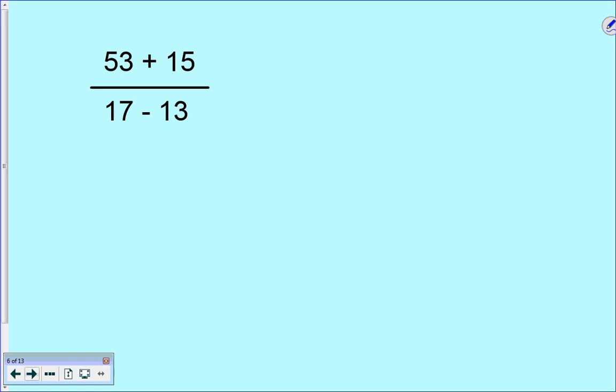You have to do the addition and subtraction first, and then you can divide. Okay? So let's see. 53 plus 15 would be 68, correct? 17 minus 13 would be 4, and then you can divide. Okay, so this is the only time ever you can change please excuse my dear Aunt Sally. Yep, I'll wait. Is it 17? Okay.